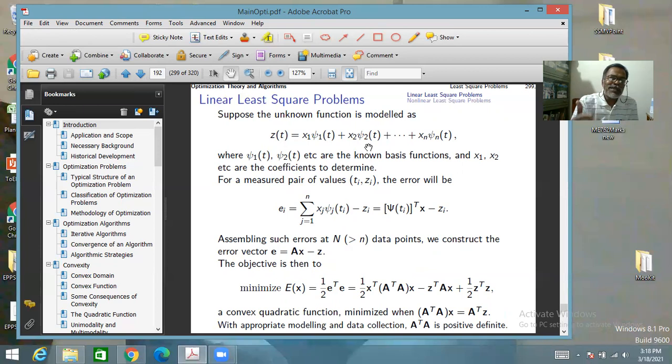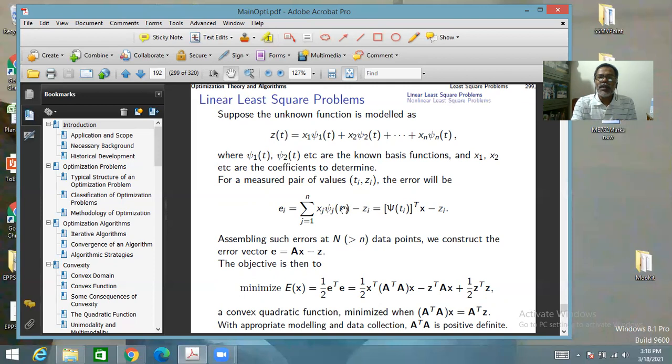So this is a much simpler problem compared to the general nonlinear least square problem. For a measured pair of values ti, zi, the error of the ith point, ei, will be this thing evaluated at ti, that is here, minus zi.